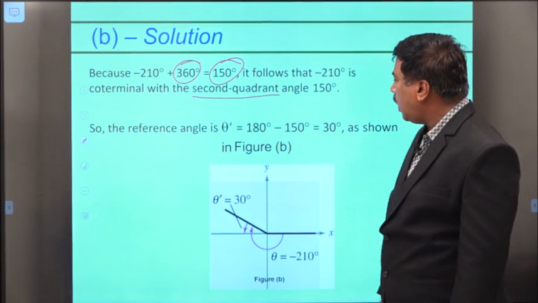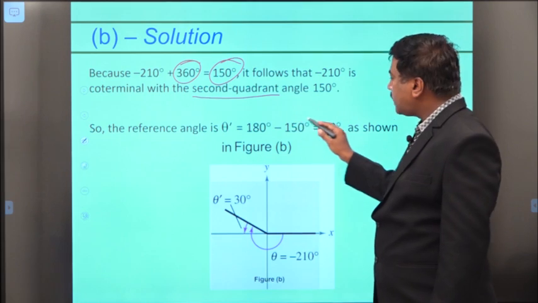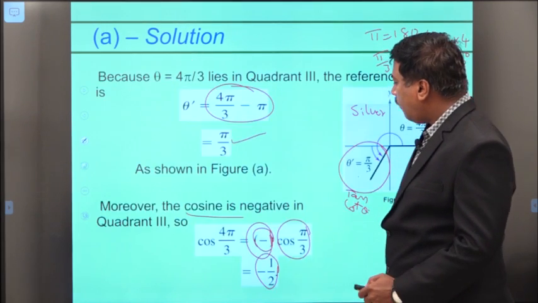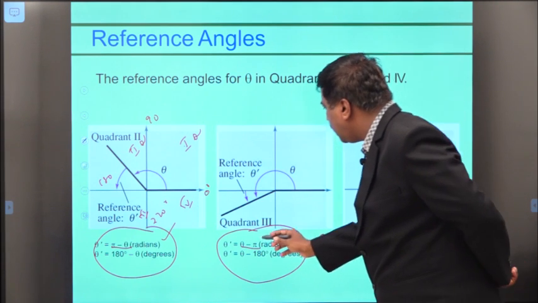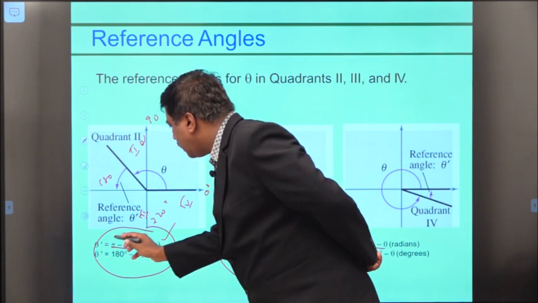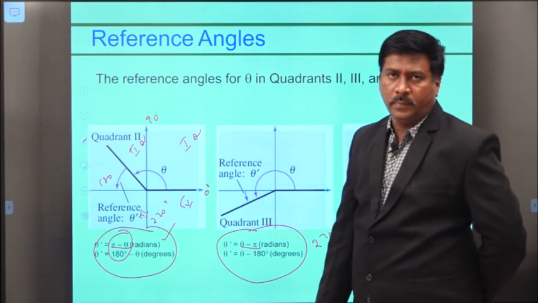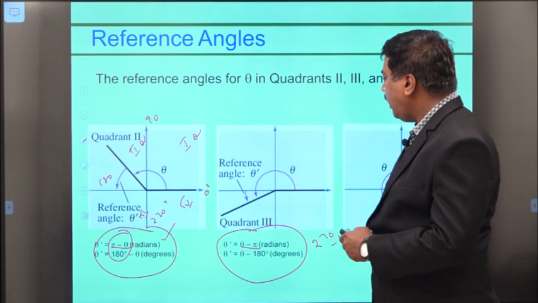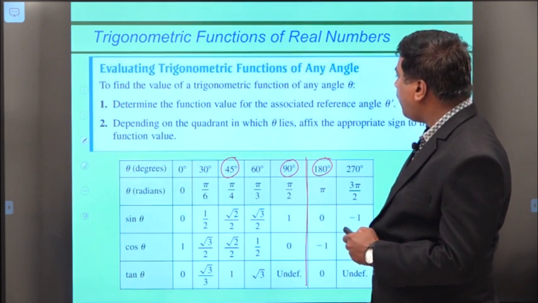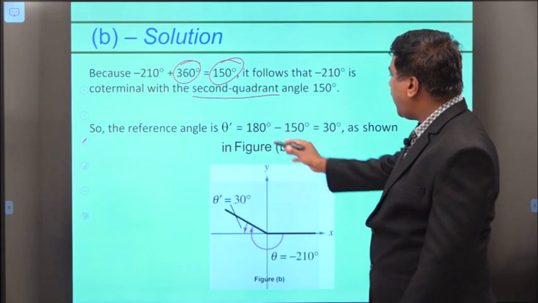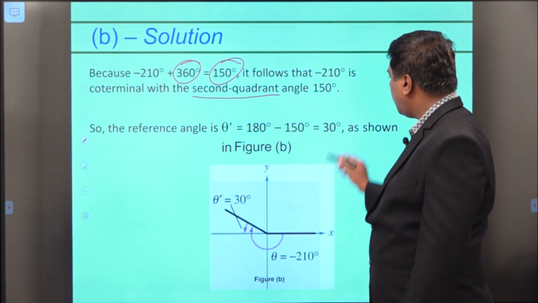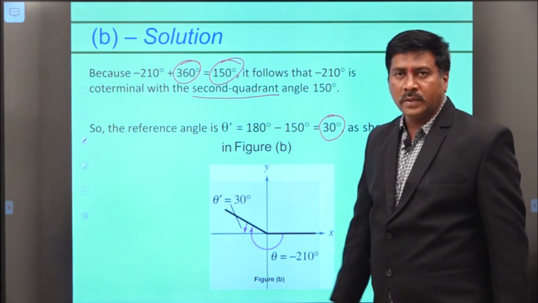In the second quadrant, which you learned in the previous slides, you have to take pi minus theta only. So this is 180 minus 150 degrees, that means this is equal to 30 degrees.